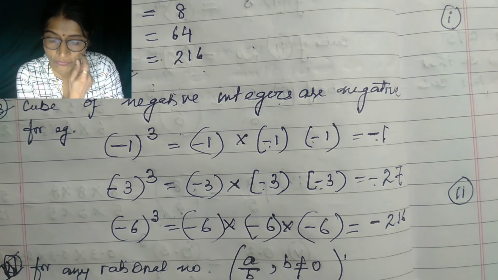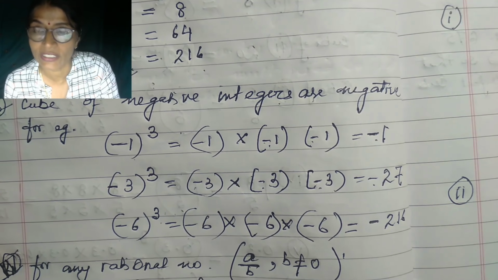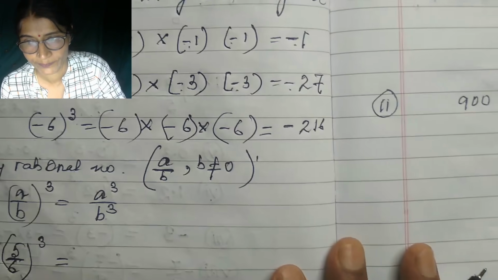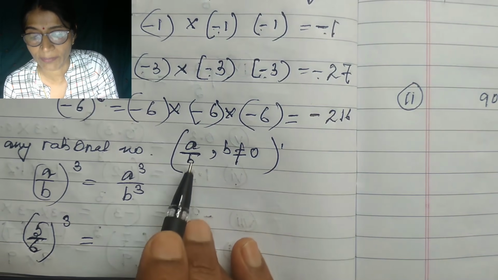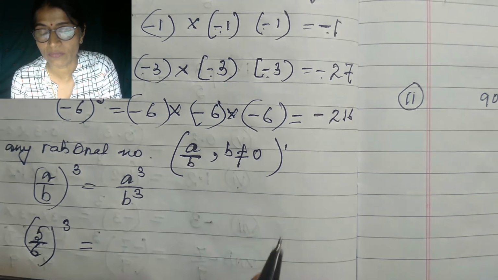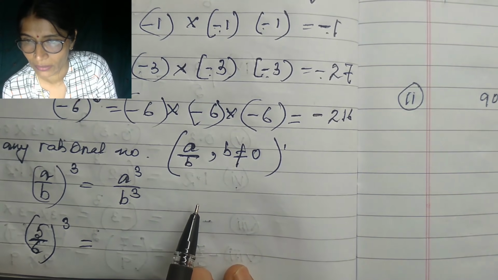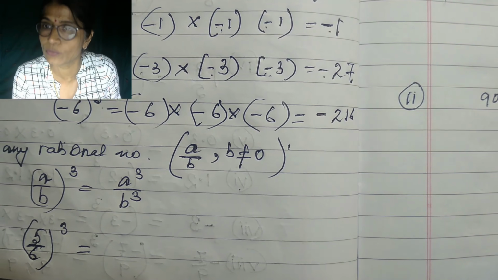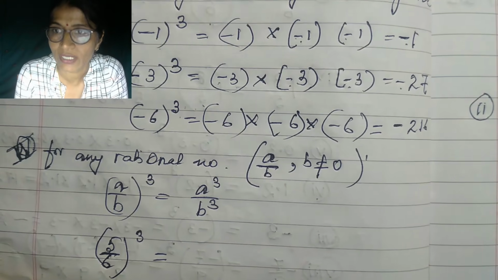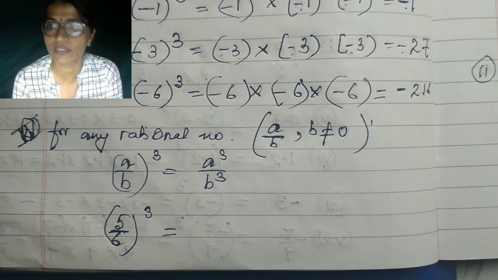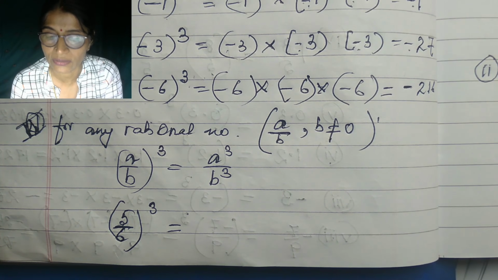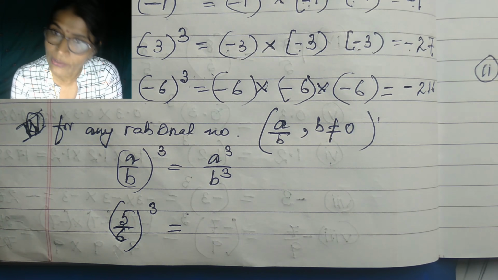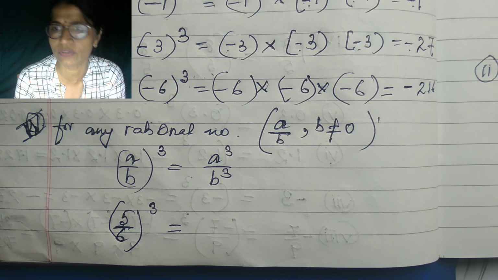Next one: how to find the cube of a rational number. The cube of a rational number means a by b; you have to find the cube of a by b. What is a rational number? Suppose I write 2 by 3, 4 by 5, a fractional number, but the denominator will never be 0. Then it is known as a rational number. Even 2 and 3 are also rational numbers.